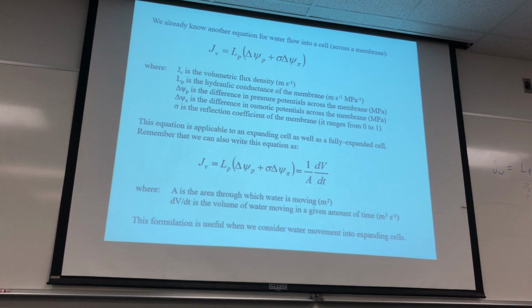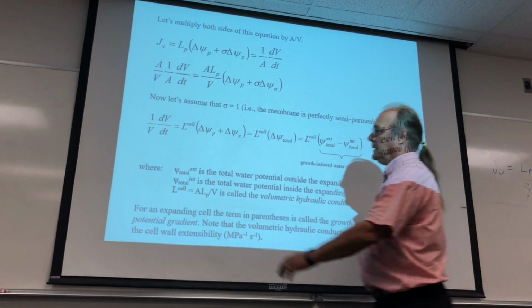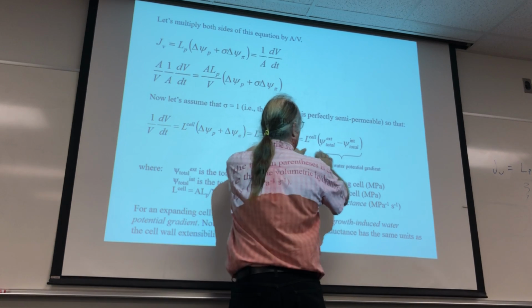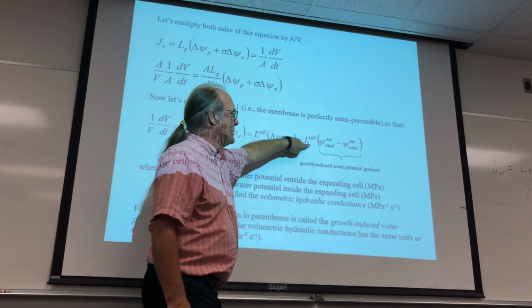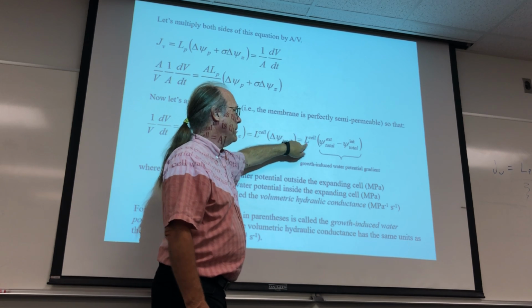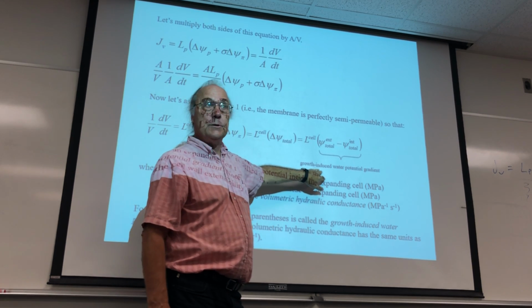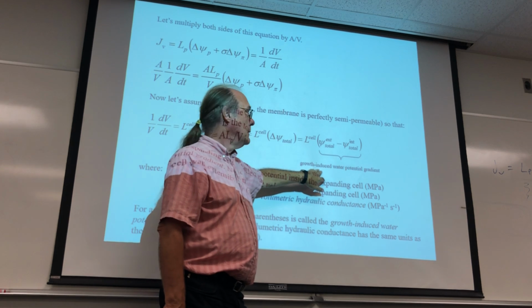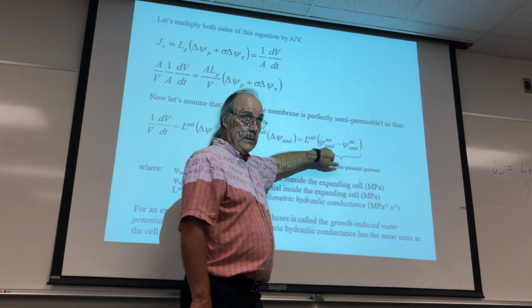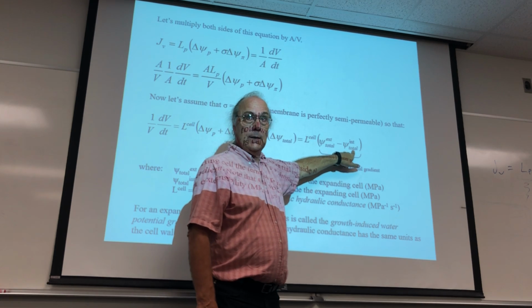like this, that can be manipulated algebraically to give us a term that involves the volumetric hydraulic conductance of the pathway and what's known as the growth-induced water potential gradient. The difference in the total water potential between the source of that water and the expanding cell.